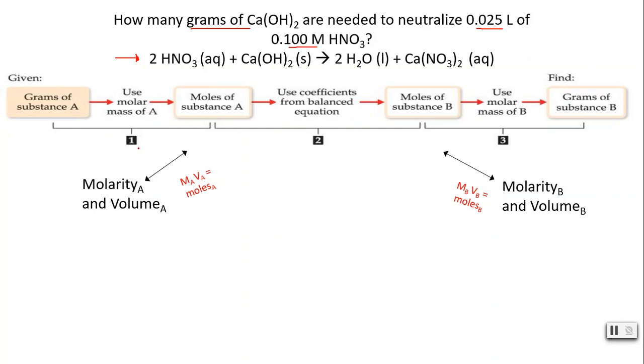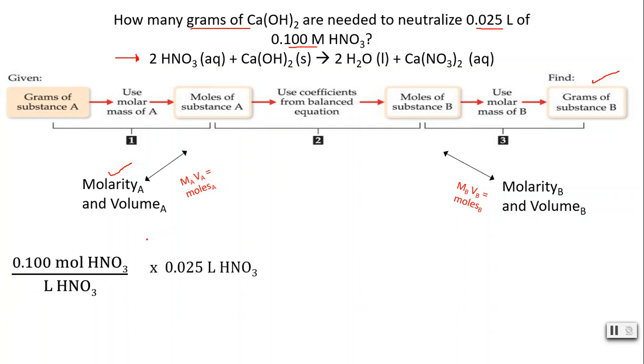So in our little flow chart here, we have the molarity and volume of some substance, and we need to find how many grams of a different substance react with that. So we can use this flow chart along with the modifications to do that problem. We can start with the molarity and the volume that's given for HNO3 or nitric acid.